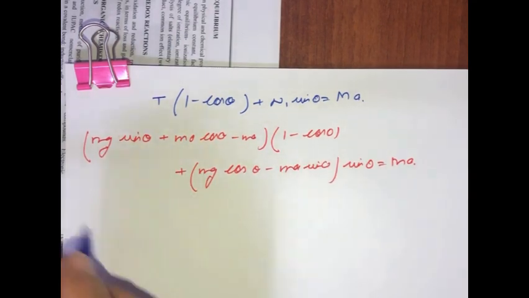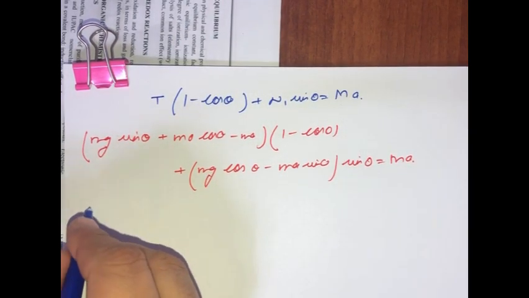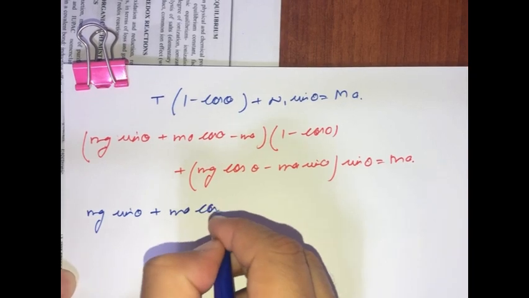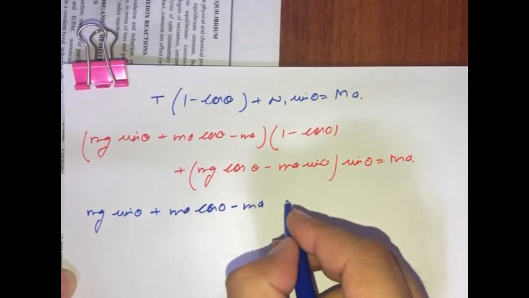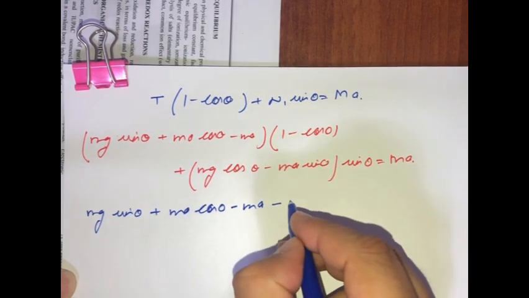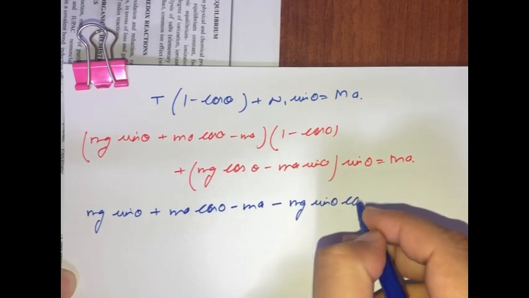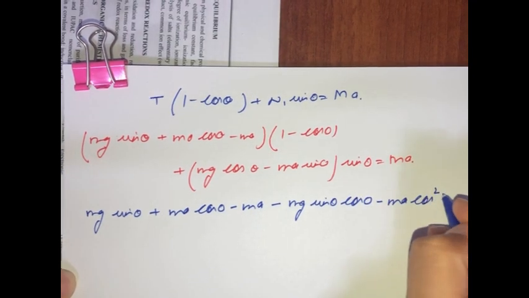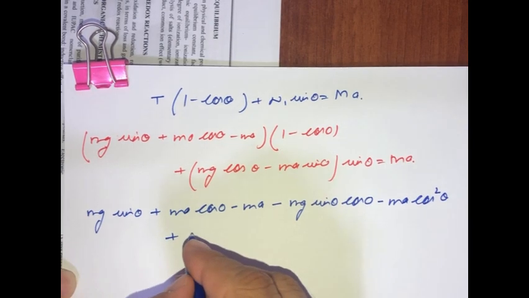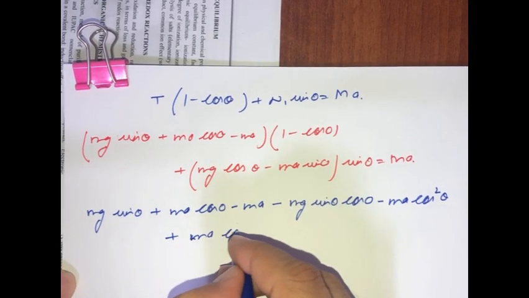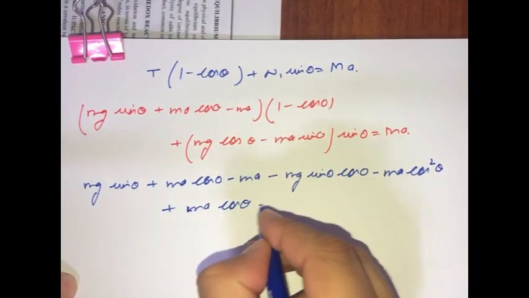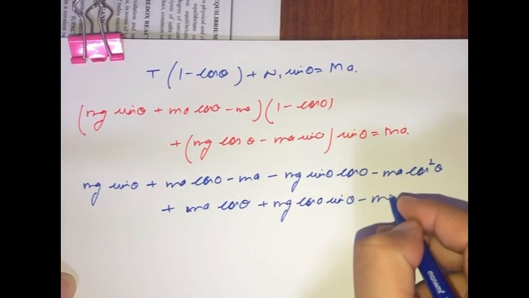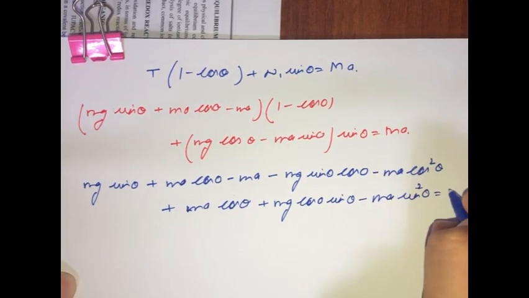Now we open the bracket, this one. So we get this as mg sin theta plus ma cos theta minus ma, and we multiply by cos of theta, we get mg sin theta cos theta minus ma cos square theta plus ma cos of theta, and open this one also, plus mg cos theta sin theta, and minus ma sin square theta is equal to capital M a.